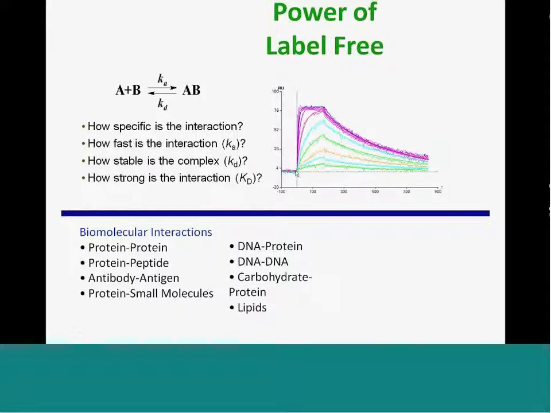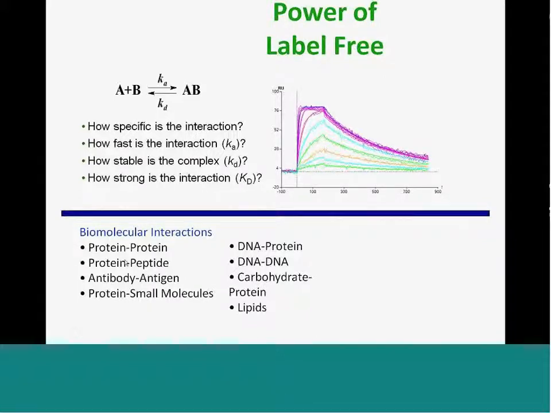So this would be a typical sensogram where the analyte would be injected, and the response units would be measured by taking the refractive index, which is shown by these curves here, and differences in refractive index are easily distinguished between various concentrations.